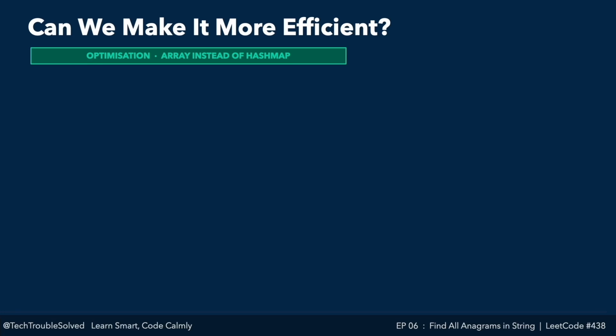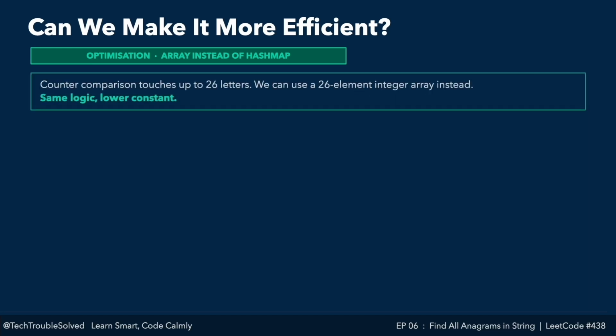The counter solution works. But here is a question worth knowing for interviews. Our strings only use lowercase letters, a through z, 26 characters, nothing else. So why use a dictionary which can hold anything when we already know there will never be more than 26 keys? We don't need to.